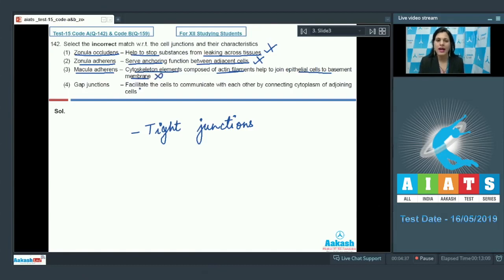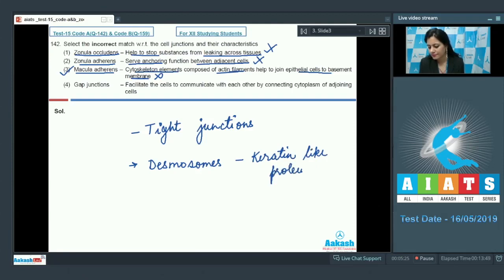And as it is an incorrect match, this is a correct answer to our question because macula adherens, which is also known as desmosomes, in this type of cell junction, microfilaments which extend from plaque-like structure into cytoplasm are keratin-like proteins and not actin filaments, and they are present between adjacent cells.